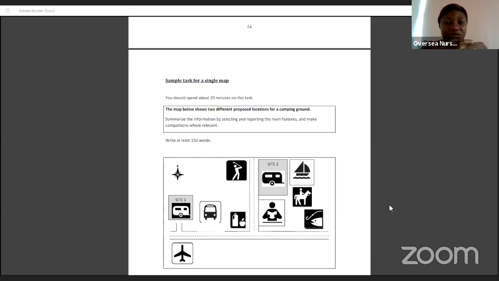It's a proposed one. It's not yet a camping ground. It's a suggestion. So there are two different suggested locations. The diagram is showing us two separate locations, two separate sites suggested for a place to camp.